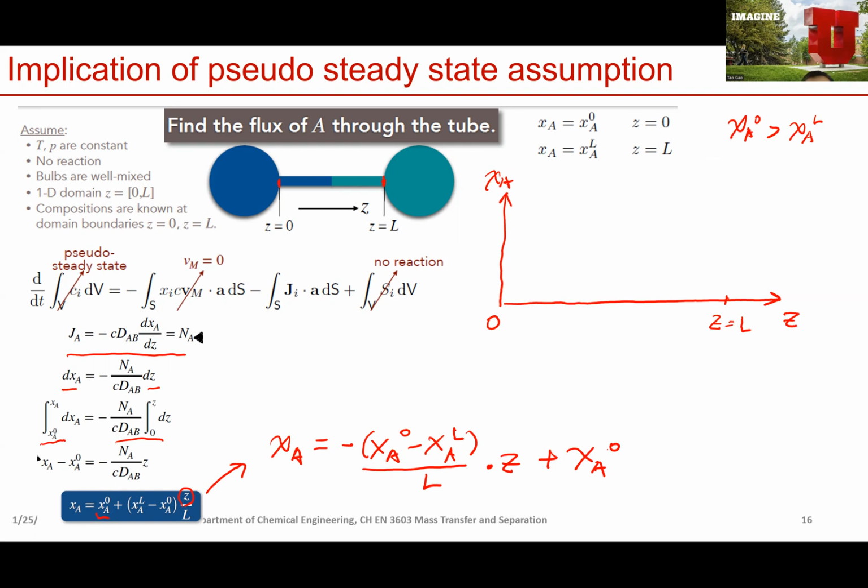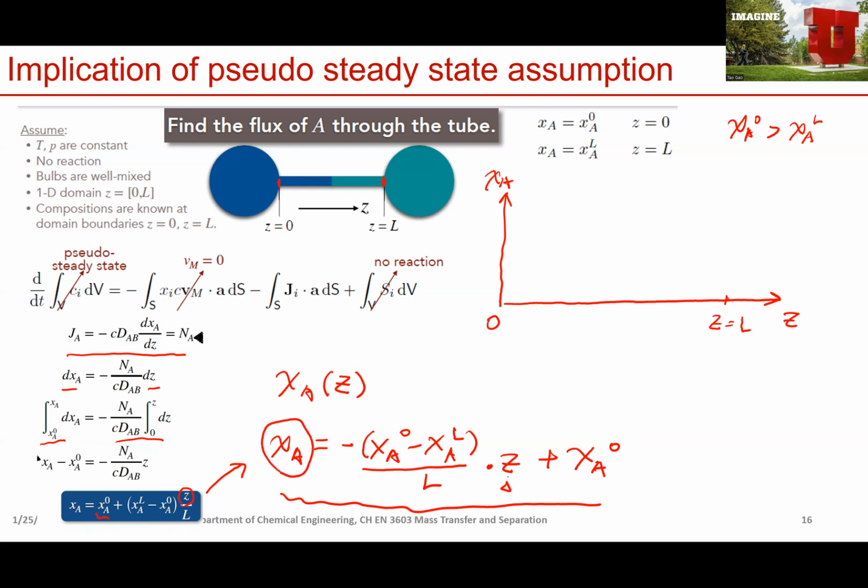I'm rewriting this equation so it's very clear it's a linear function, because we want to solve XA as a function of Z. Now this is what we have. So this is the unknown variable.